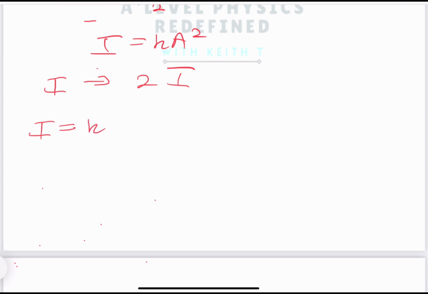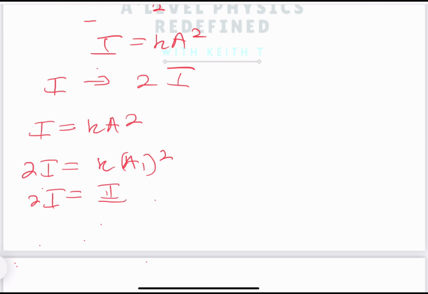And the opposite is also true. Since intensity equals KA squared, I can change the intensity and ask you, what is the amplitude? For example, I once had I, now I have 2I. Tell me what happens to the amplitude. Again, you still use the same method. Previously it was I equivalent to KA squared, okay? Now it's 2I, so it becomes 2I equivalent to K A1 squared. You want to find what this value actually is, but your value of K is I over A squared.